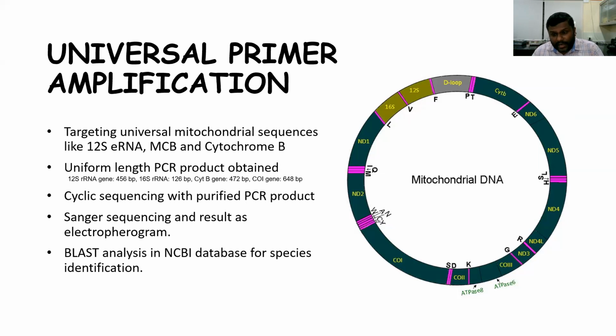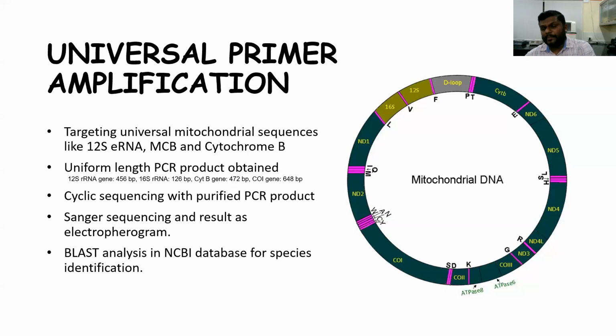The sequences are conserved and remain the same from generation to generation. We have universal primers designed against the mitochondrial DNA 12S rRNA, then the mitochondrial cytochrome B, and the cytochrome oxidase subunit 1. Many primers can be designed against the mitochondrial DNA.